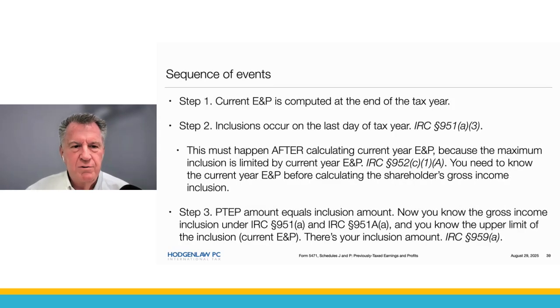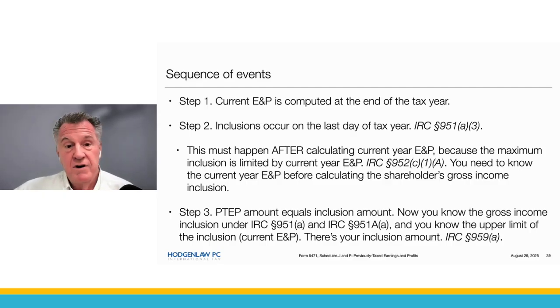And again, the sequence. Step 1, remember we compute earnings and profits at the end of the tax year. The inclusions under 951 or 951A also happen at the end of the tax year, but it has to happen after the current earnings and profits are known because of that E&P limitation that I've cited there in section 952(c)(1)(A).